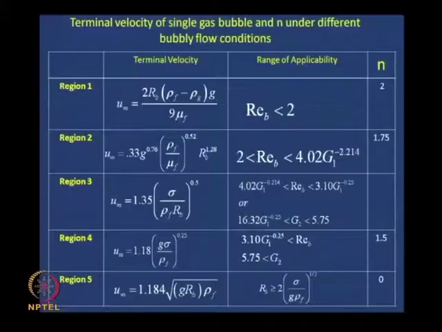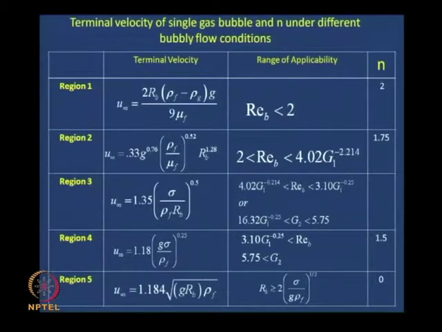For finding J21, we need u infinity and n. For finding u infinity and n, you have to refer to this particular table. To determine in which range your bubble lies, you have to find the values of REB, G1 and G2, and accordingly select the range. Once the range is selected, you find u infinity and n corresponding to that region, and then we can find J21, alpha, and the pressure gradient.